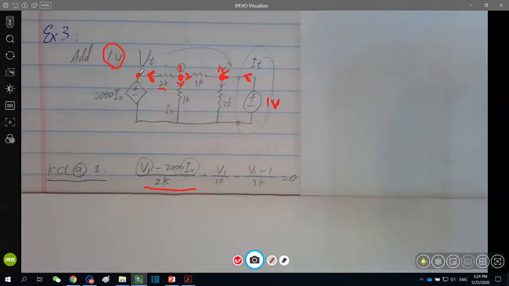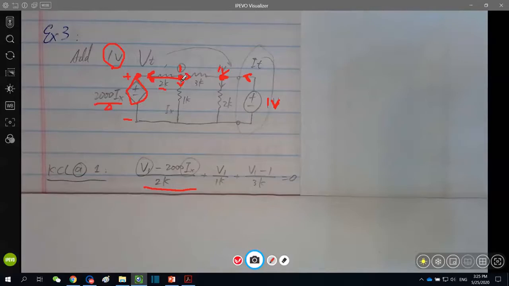By reading the circuit, this node voltage is from itself towards the ground. And be careful, this is a dependent voltage source. The labeled value, no matter what it is in terms of, it is a voltage value. So the voltage at this node is nothing but 2kIx. So V1 minus 2kIx divided by 2k equals the current here towards left, leaving node 1.